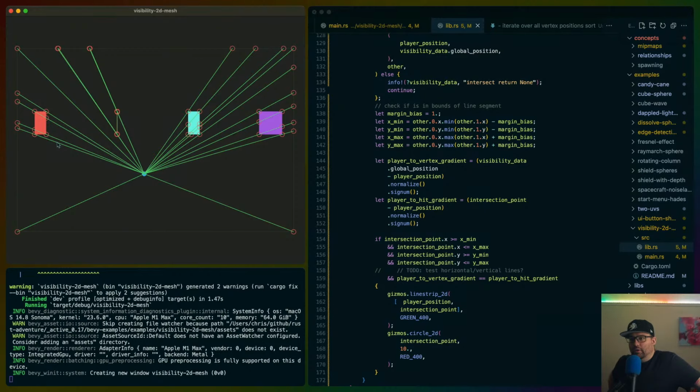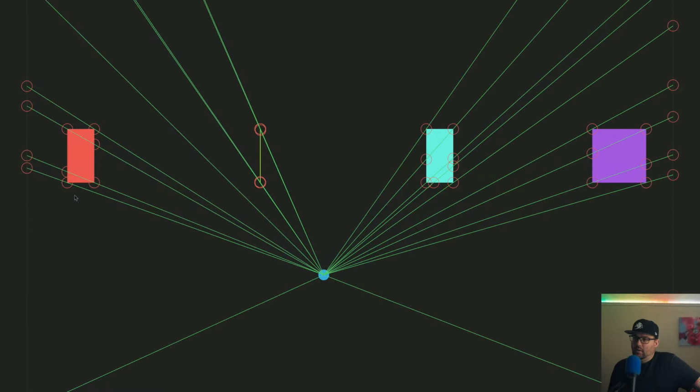Trying to think of the algorithm here. Like if we're bottom left, we have this vertex, we have our raycast, right? So our first triangle line is to this vertex, no matter what.